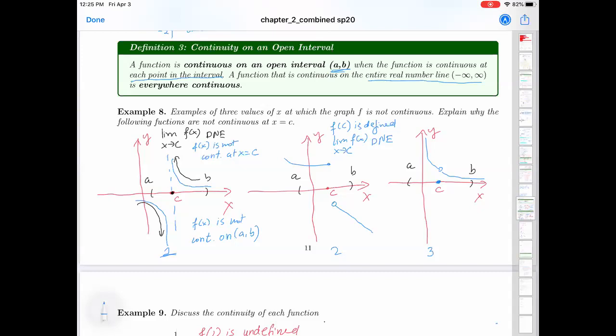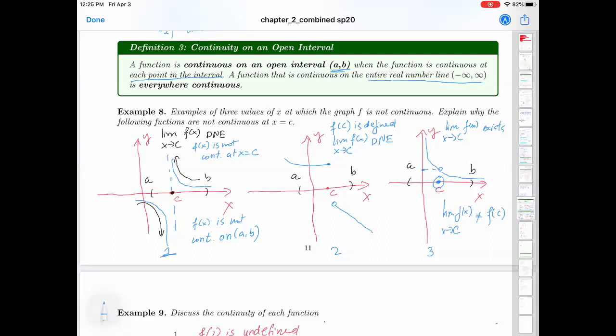Well, now look at the third graph. As you can see, the limit of the function when x goes to c does exist. However, the limit as x goes to c is not the same as the function's value when x equals c. When x equals c, the function value is 0, but the limit of this function when x goes to c is a different point here.